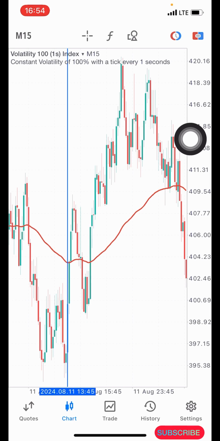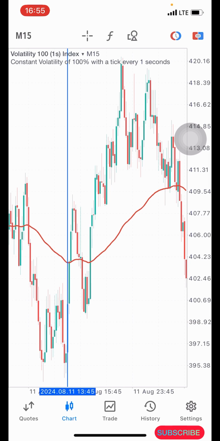This is also a trend continuation strategy just like the previous one I've shared, and this one I call the breakout strategy. It's very simple. It's a scalping strategy. You don't need to hold for long.